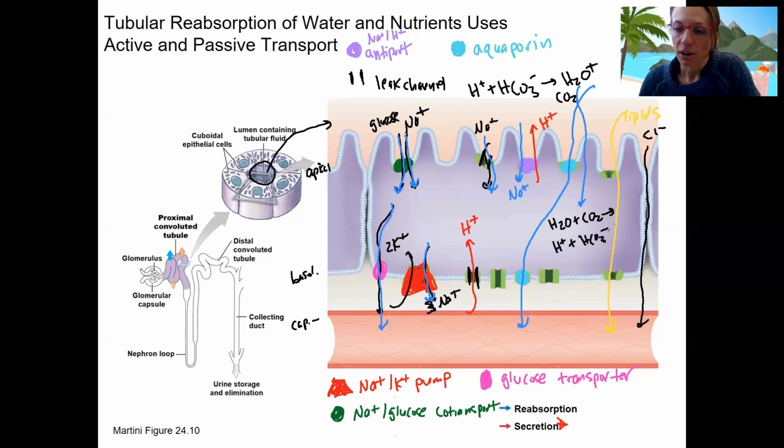Now we can have bicarbonate be reabsorbed. It actually moves along with sodium as well. Imagine that. Plus sodium. And our hydrogen ion, what's going to happen to it? That's it right there. It can go out that way. So it's a way of reabsorbing bicarbonate, which is that buffer, while secreting hydrogen ion.